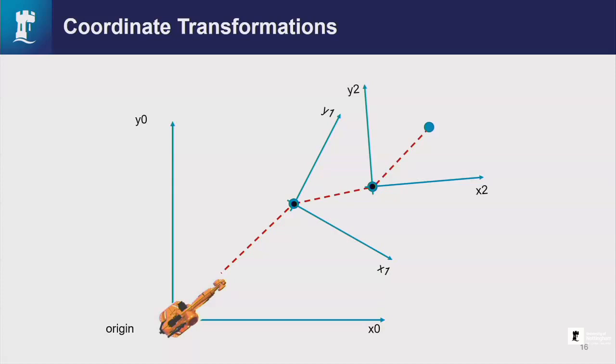Okay? And what we want to be able to do is come up with a relationship between the position of this, which we know within its own frame, and a position within our fixed base coordinate system. So at the moment, this frame, with its point here, can move anywhere of its own free will.